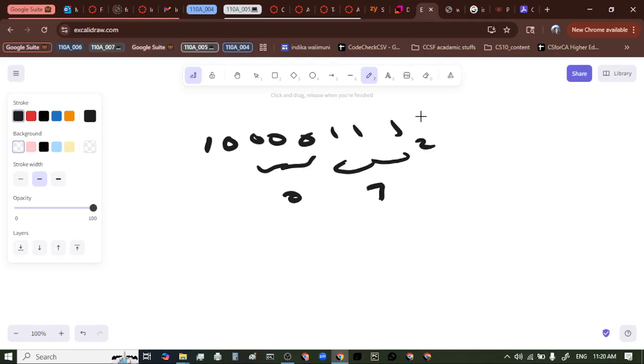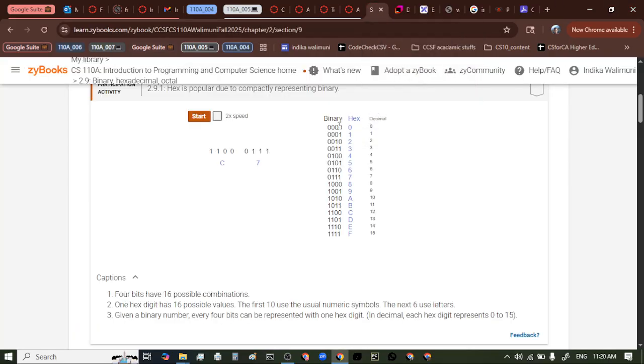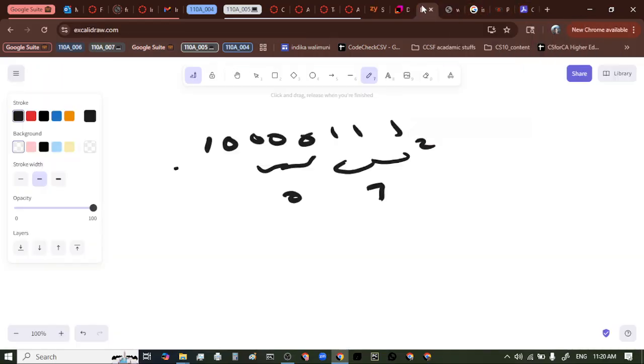So 0 1 0 is actually 2, and we can check it from the table. 0 1 0 is actually 2. So we write 2 over here. There's a hypothetical 0 over here, so this group is going to be 2. So 2 0 7 in base 8.